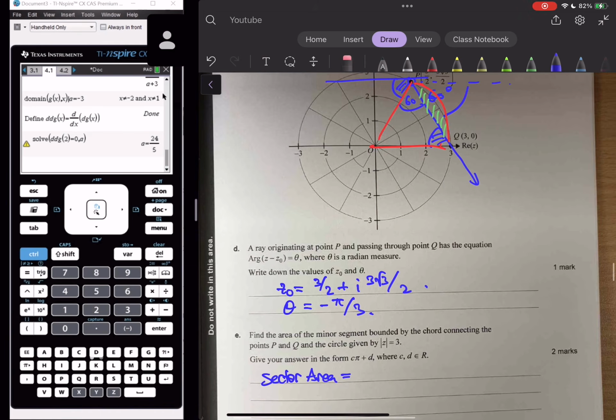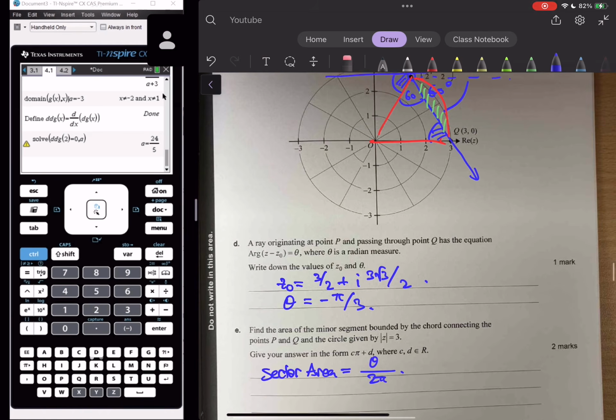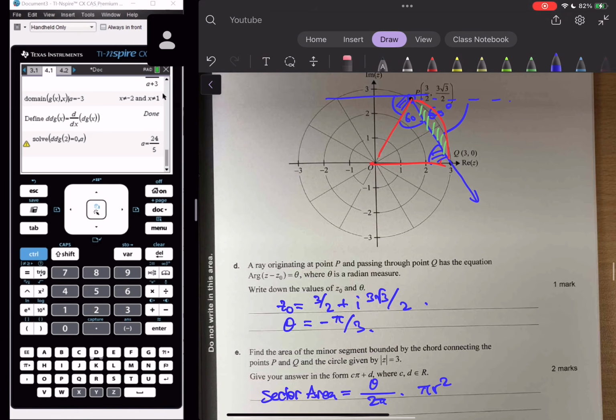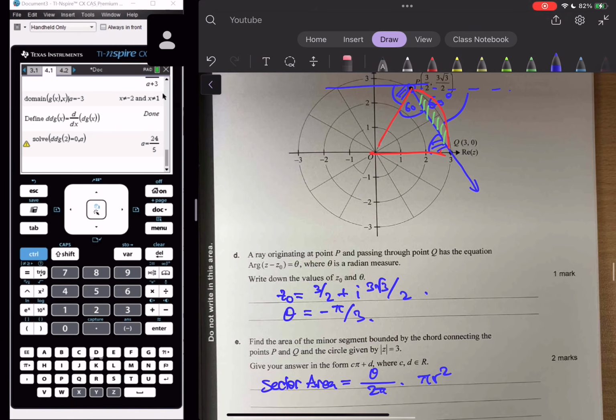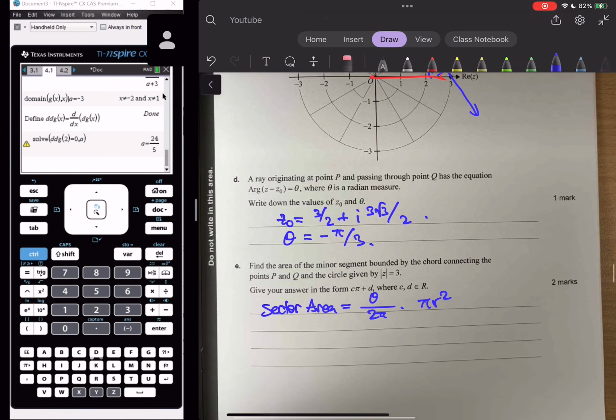It's equal to the angle divided by 2 pi times the area of the circle, which is 2 pi times r. Sorry, that's not right. That's pi r squared. So it's the angle divided by 2 pi times the area pi r squared. Okay, that should be fine.